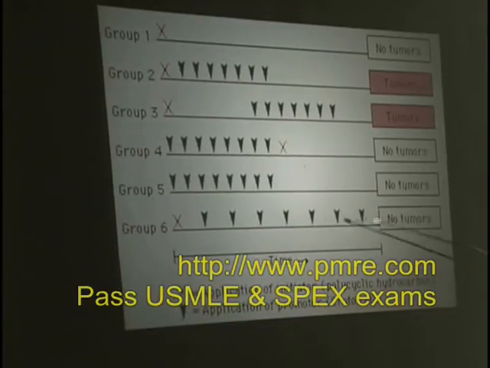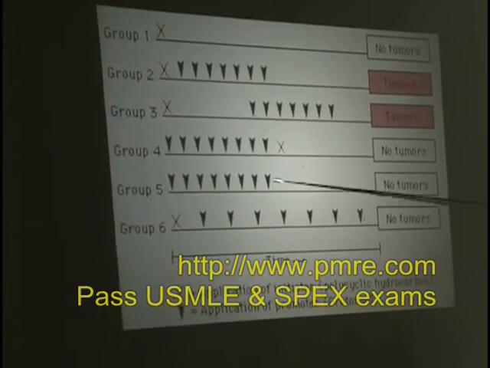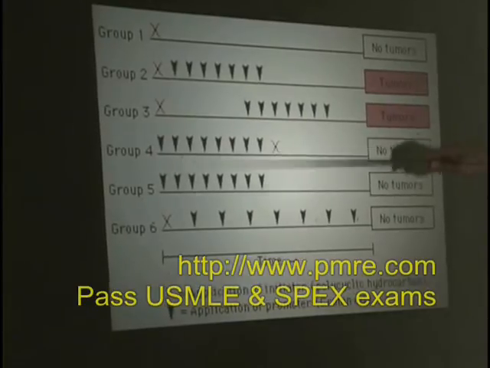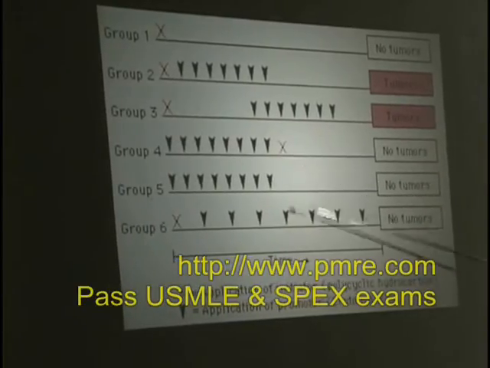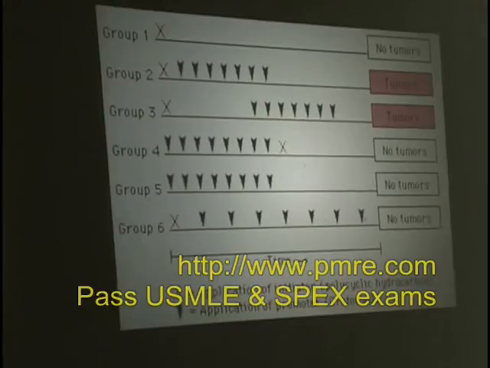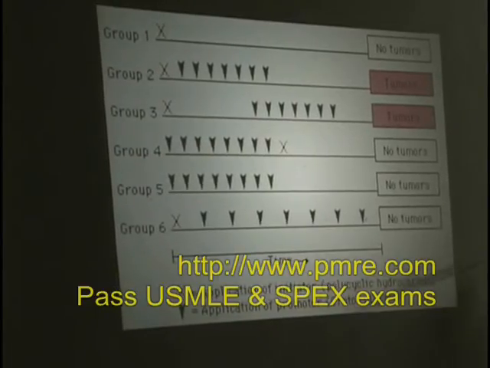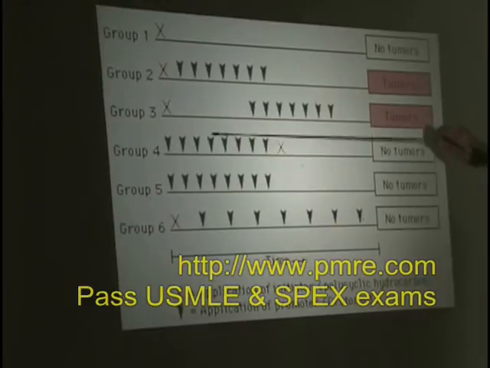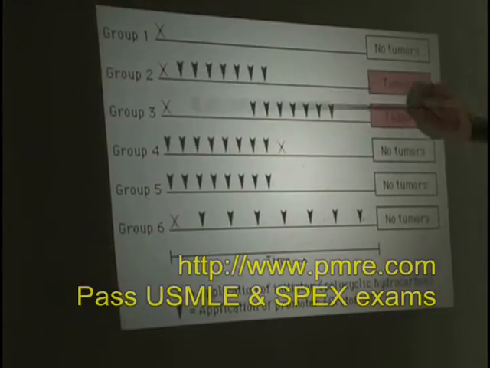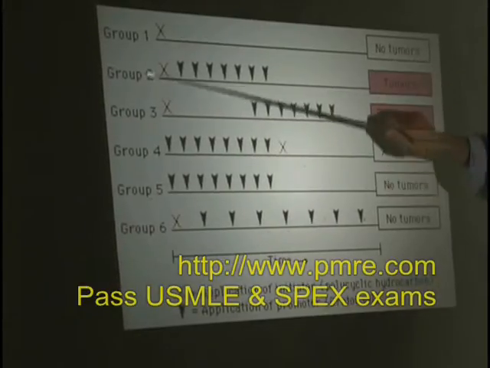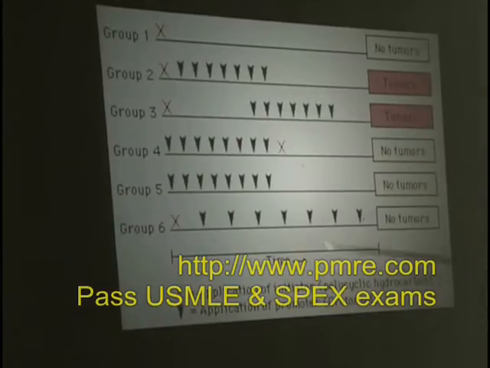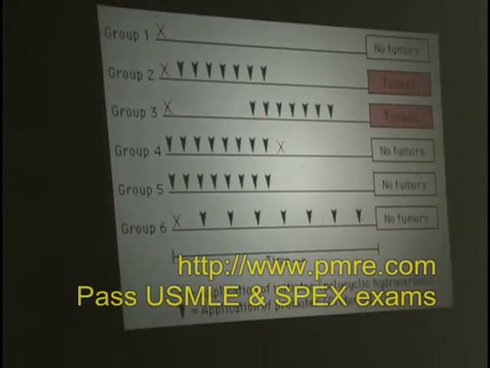Or if you have only the promoter and no initiator, then you won't get the tumor. There are circumstances in which the combination doesn't result in a tumor, but the important thing to remember is that initiators without promoters won't grow. And there are a number of initiators and promoters that have been described.